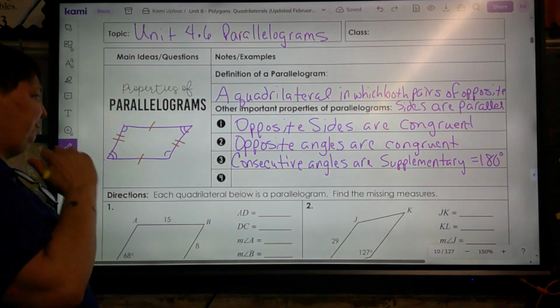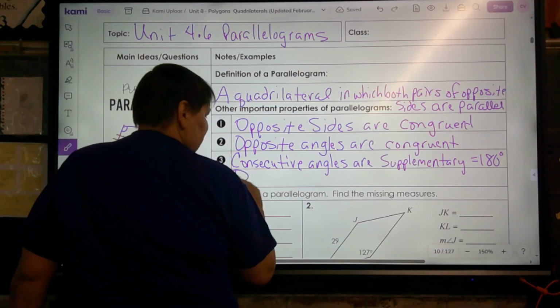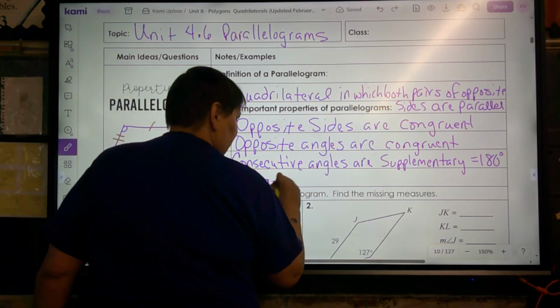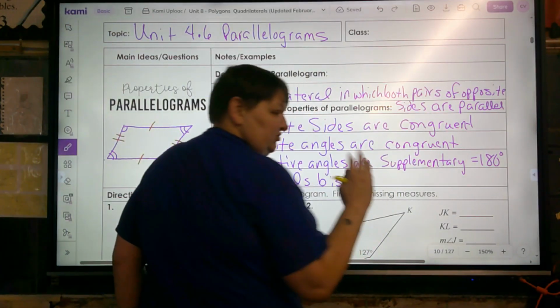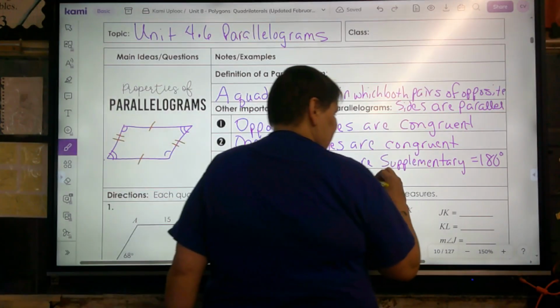And diagonals bisect each other. Bisect means cut in half into 2 equal parts.